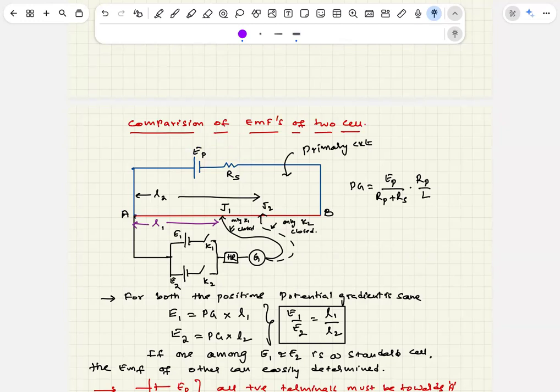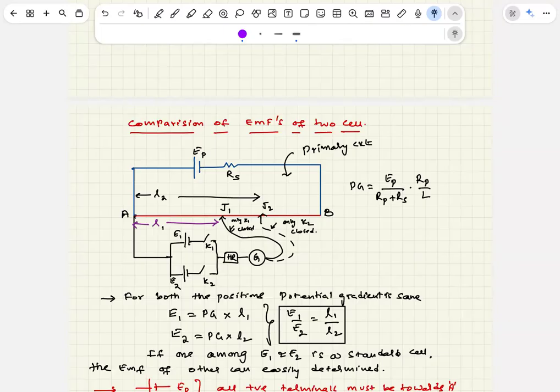Ep by Rp plus Rs, into Rp by L. Yes or no? You are not disturbing anything in that in using E1 and E2. So therefore, E1 is proportional to L1, E2 is proportional to L2. So E1 by E2 is L1 by L2. This is how I compare the EMFs of two different sources.